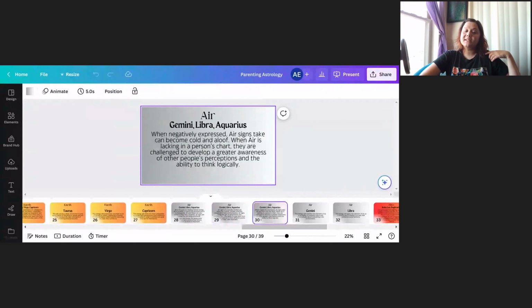Now, when negatively expressed, air signs can become cold and aloof. When air is lacking in a person's chart, they are challenged to develop a greater awareness of other people's perceptions and the ability to think logically. So this is what I was saying, to try and avoid, I don't want to necessarily say avoid, but if the negative aspect of this type of energy is expressed, make sure that your kids, like I said with Earth connecting to service, can see other people's perspectives.